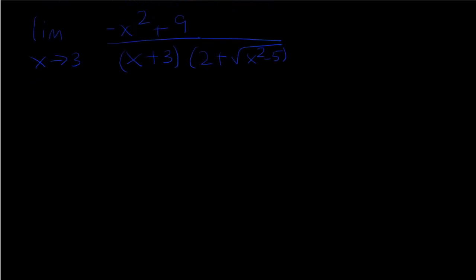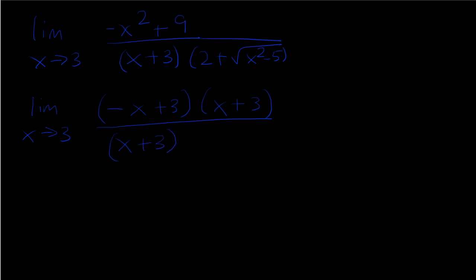I can factor the top as negative x plus 3 times x plus 3. And so I have x plus 3 at the bottom times 2 plus the square root of x squared minus 5. The x plus 3's are going to cancel.